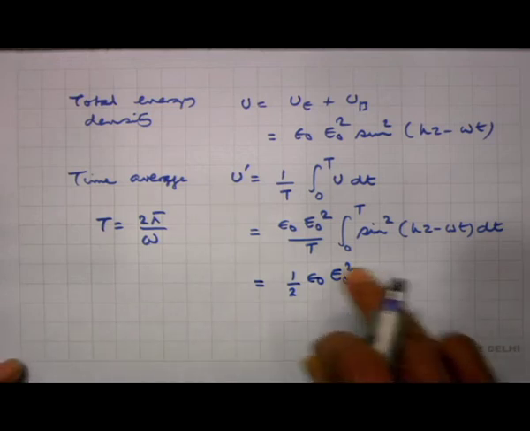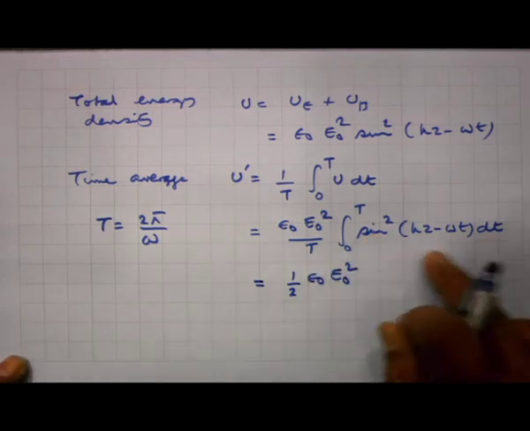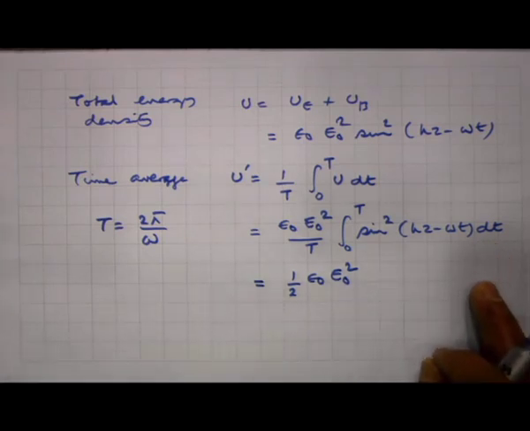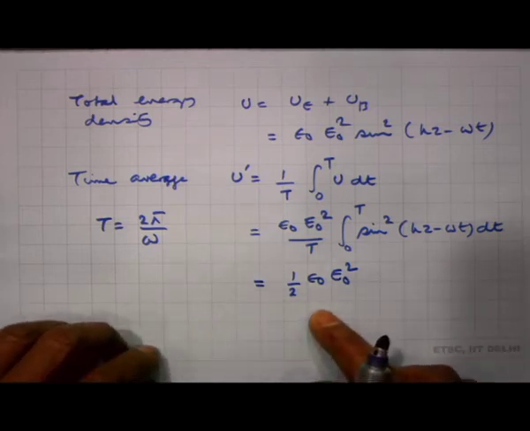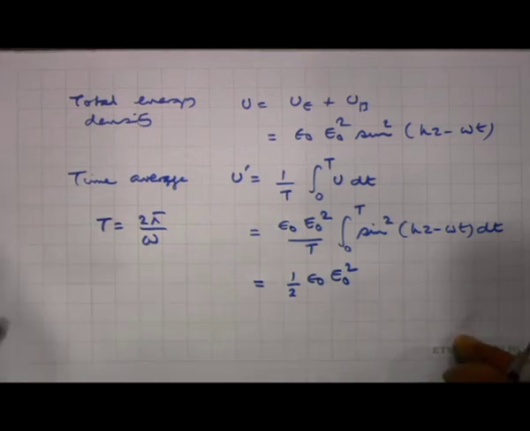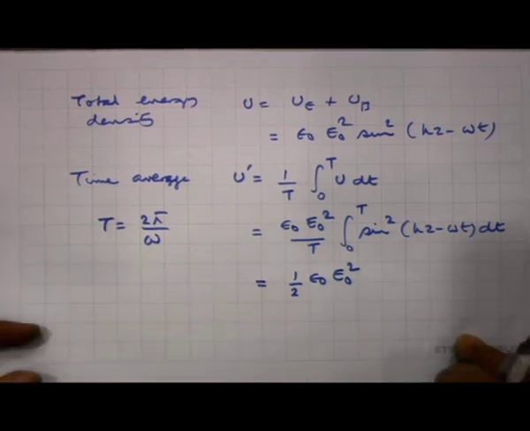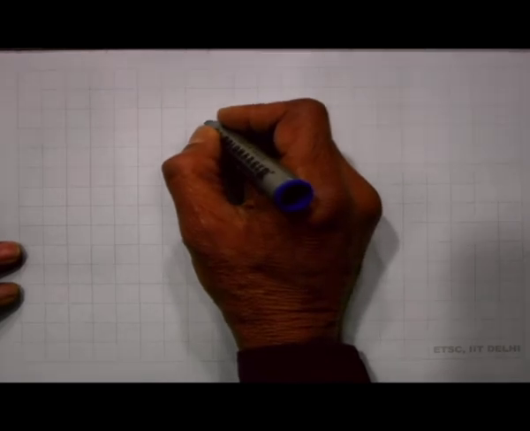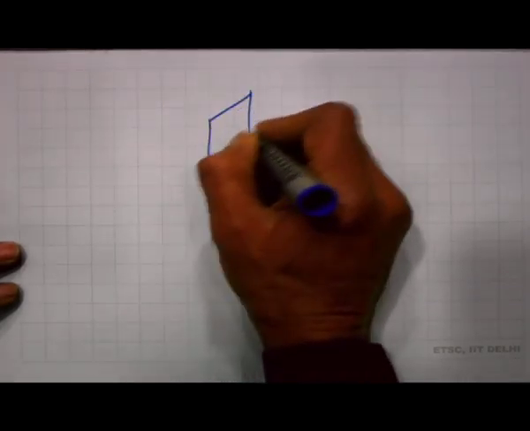So, you show that 1 by T integral 0 to T sine square (k z minus omega t) dt is actually half. You must know that the average of a sine square function is half, the average of a cosine square function is half. So, that is the time average total energy density associated with the electromagnetic wave, and this energy is actually propagating. So, I can actually look at the following situation. Let me take a unit area.